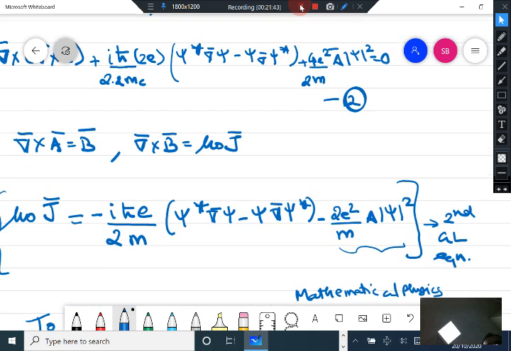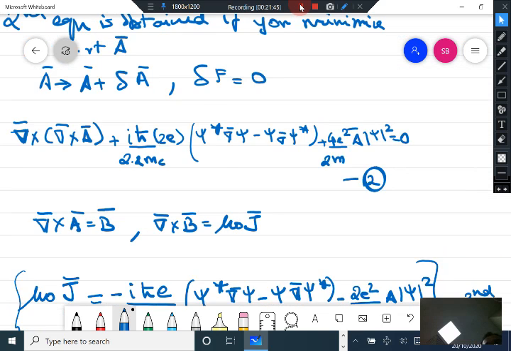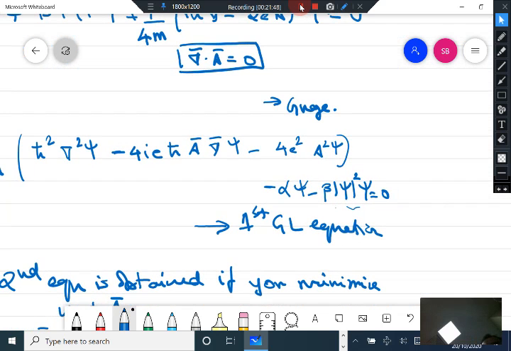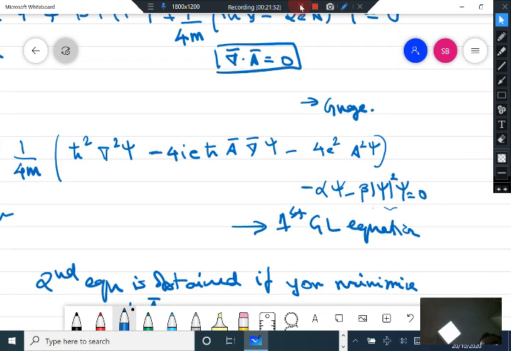Okay, and the important thing is that we land up with two equations. The first Ginzburg-Landau equation is like a Schrodinger's equation, h cross square by 4m del square psi, and there are additional terms which are coming from the vector potential associated with the magnetic field, and there are these nonlinear terms. This alpha psi looks like an energy eigenvalue, but then there are higher order corrections which are present.